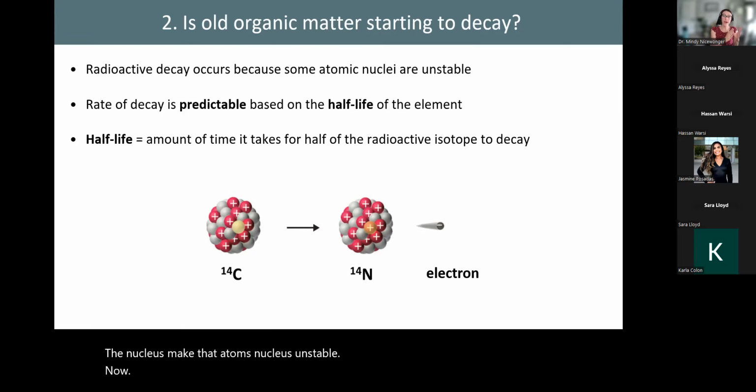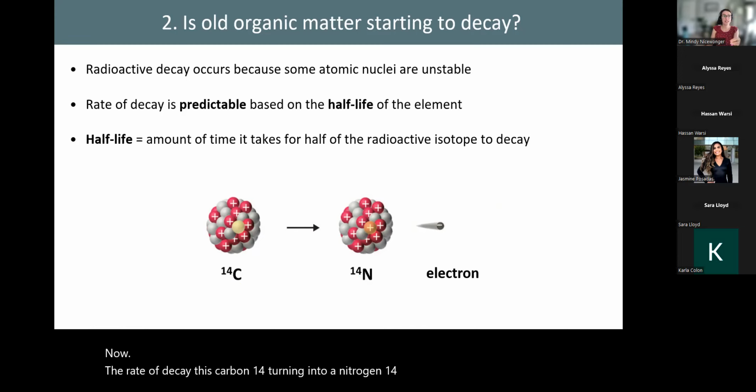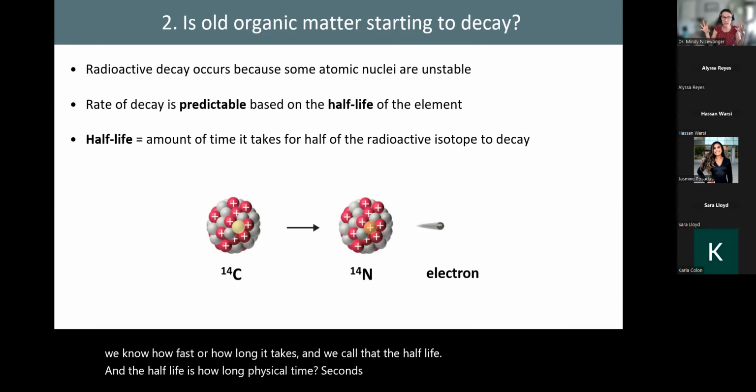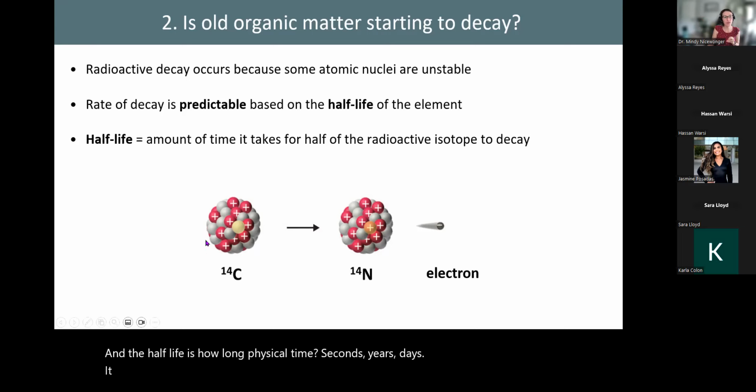Now, the rate of decay, this carbon-14 turning into a nitrogen-14, that process is predictable. And we know how fast or how long it takes. We call that the half-life. The half-life is how long, physical time, seconds, years, days, it takes for half of our initial carbon-14 atoms to decay to nitrogen-14 atoms.